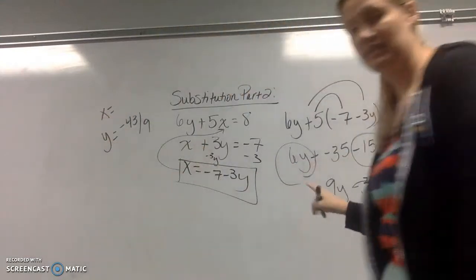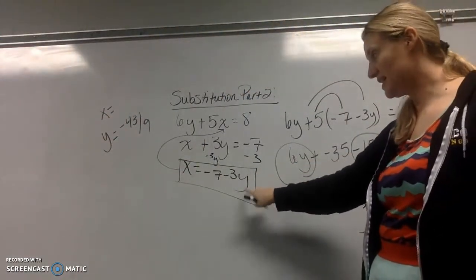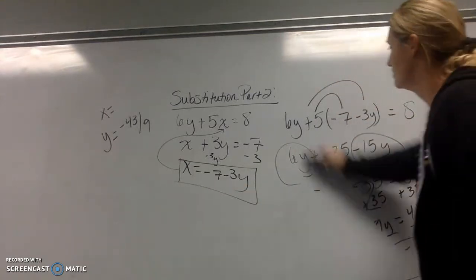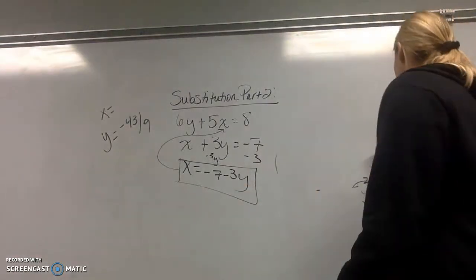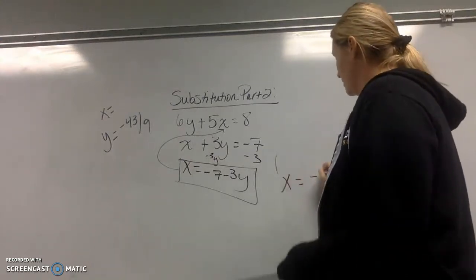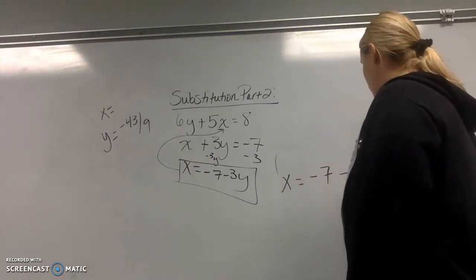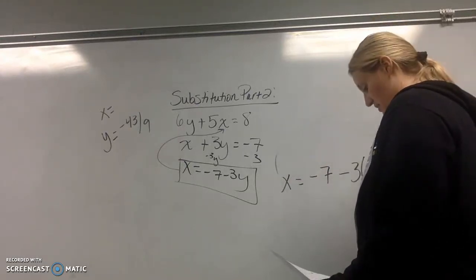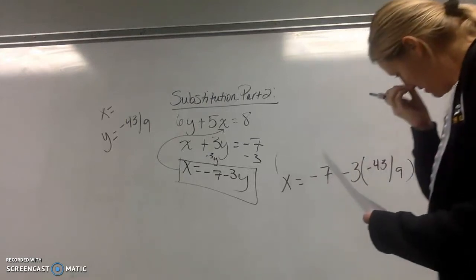Now we're going to plug in to get x. I can plug that in right here. That's one of the advantages to having x equals. So I have x equals -7 minus 3 times -43/9. Okay?